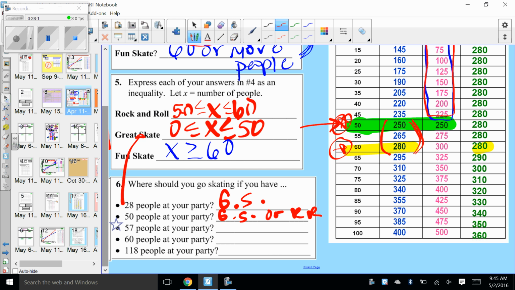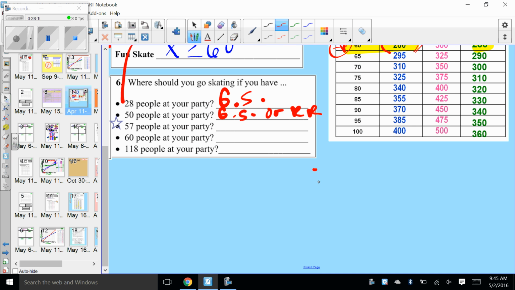What about 57 people? So 57 people is kind of in the middle of one of these ranges. Let's try that out. We have two choices for 57 people: Rock and Roll, or you could try Great Skate.